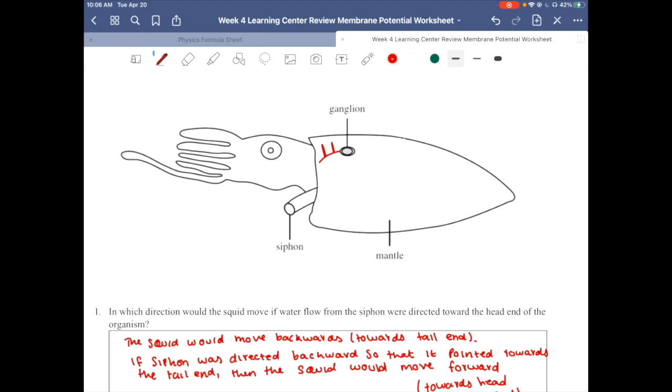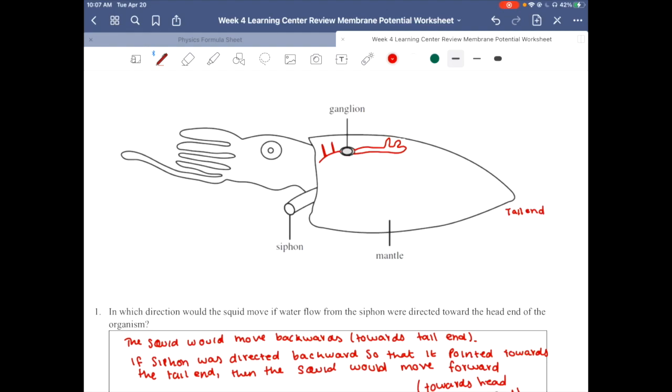And then again, from the ganglion, we're going to draw neuron 2. I would draw something like this, and neuron 2 is showing that it's innervating the muscle in the mid region of the mantle, so not closest to the brain, but in the middle of the mantle. The third one is the one that's going to innervate the tail end, which is right here. It's the pointy end.